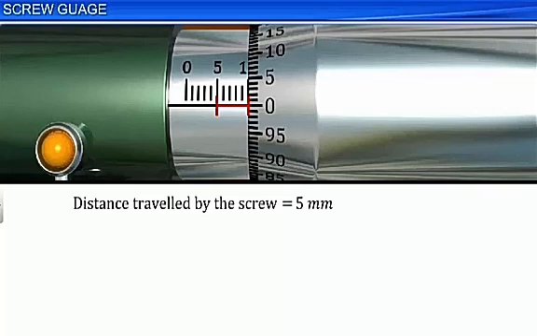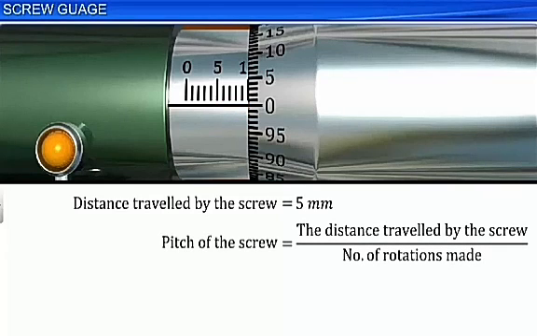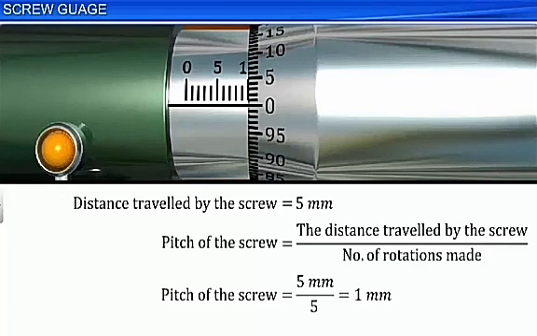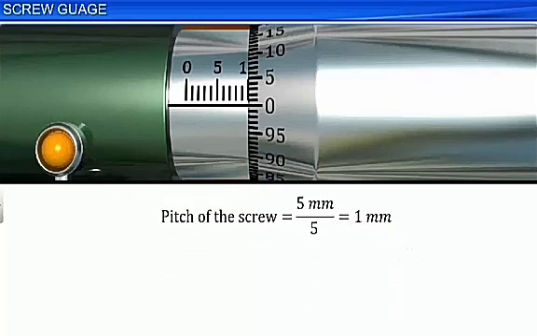Then the pitch of the screw is equal to the distance travelled by the screw on the pitch scale divided by the number of rotations made by the head scale. Therefore, the pitch of the screw is equal to 5 mm by 5, which is equal to 1 mm. Using the pitch of the screw, let us calculate the least count of the screw gauge.